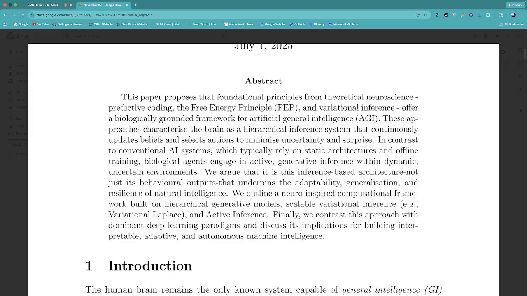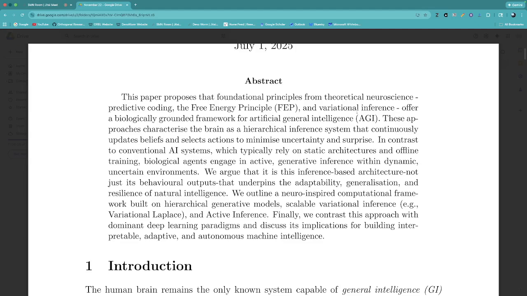These approaches characterize the brain as a hierarchical inference system that continuously updates beliefs and selects actions to minimize uncertainty and surprise. In contrast to conventional AI systems, which typically rely on static architectures and offline training, biological agents engage in active generative inference within dynamic, uncertain environments.